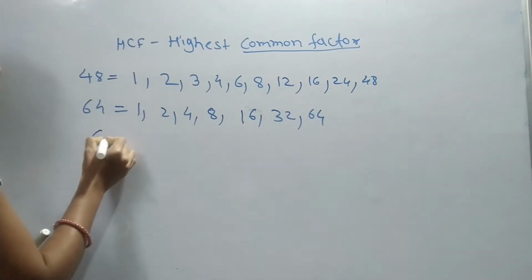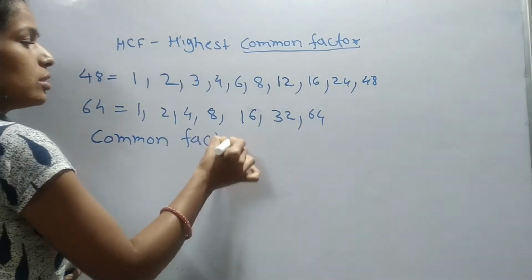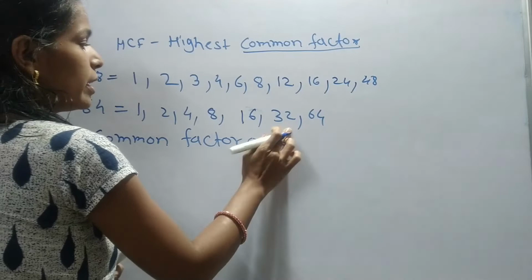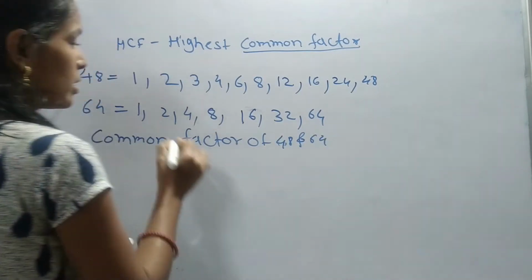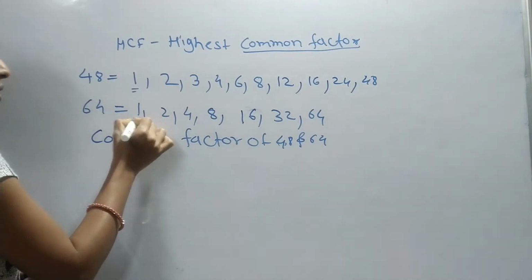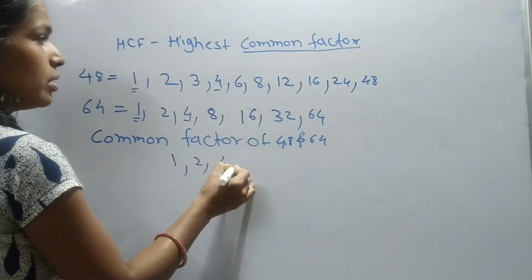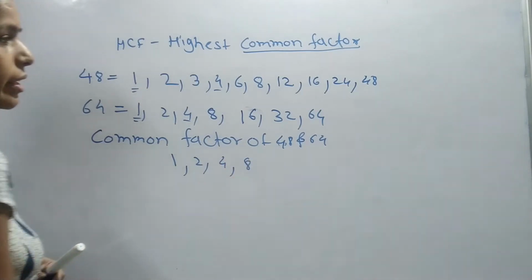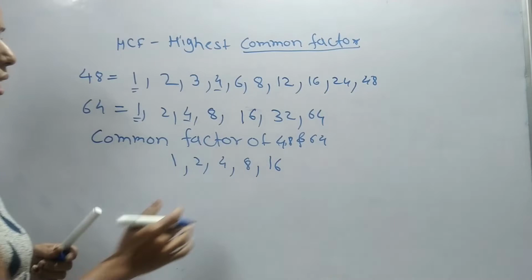Now, which are the common factors of 48 and 64? 1 is common, then 2 is common, 4 is also common, 8 is also common, and 16 is also a common factor of 48 and 64.